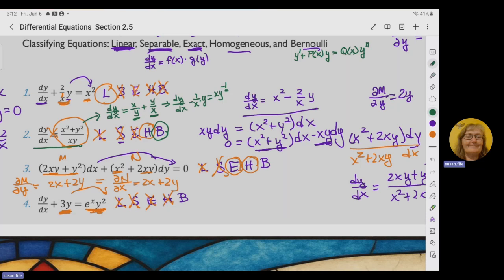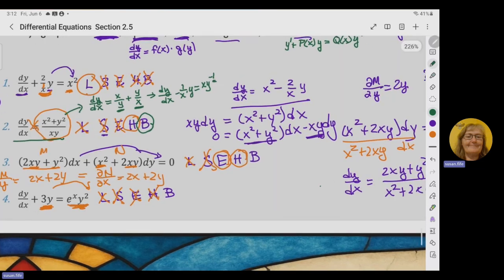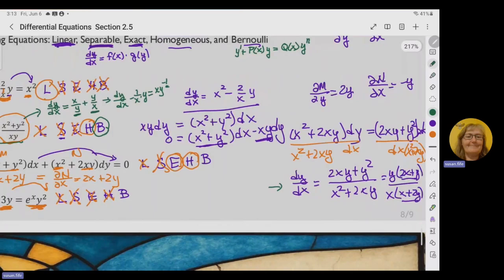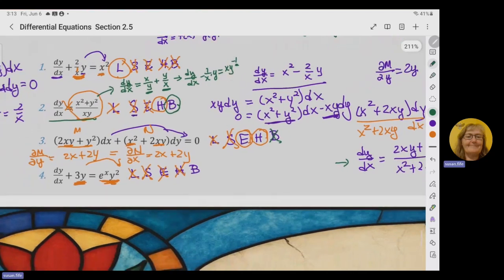So we took number 3 and we wrote it so that it was solved for dy dx over here. But there's no way to simplify this fraction to write it in Bernoulli form. We just can't write it in Bernoulli form. So that's not Bernoulli. And then on number 4, this is written in Bernoulli form.